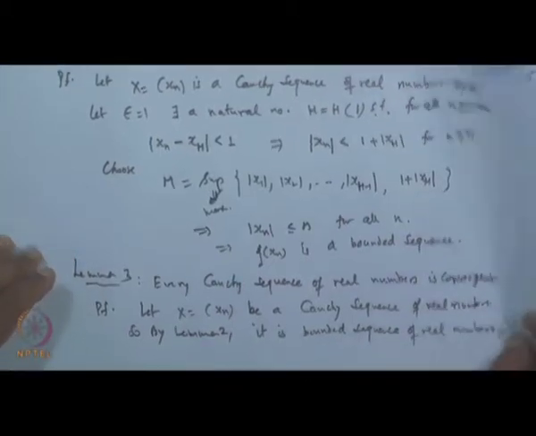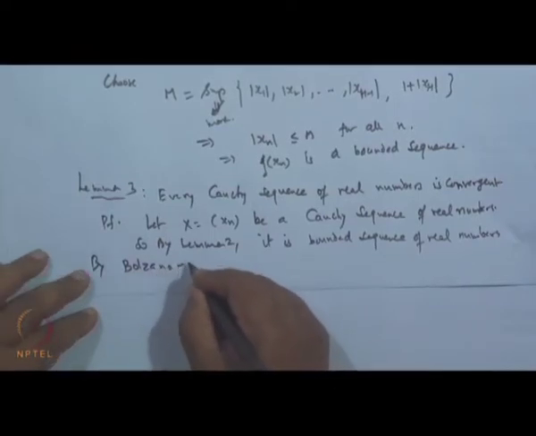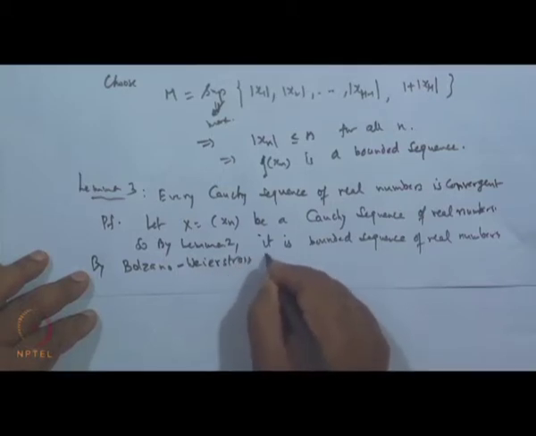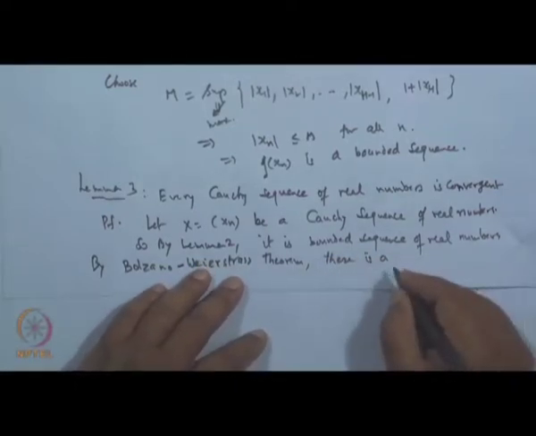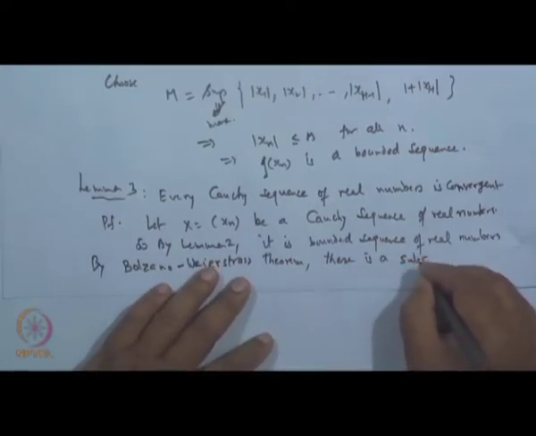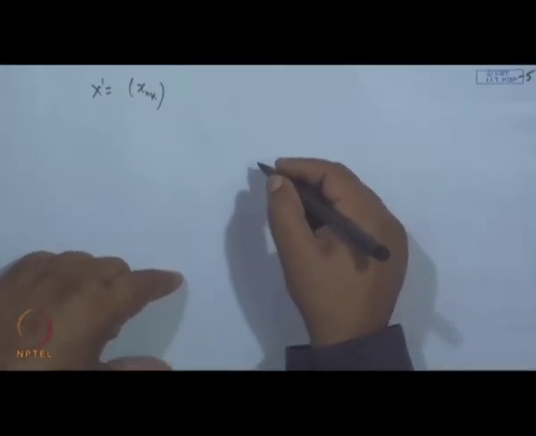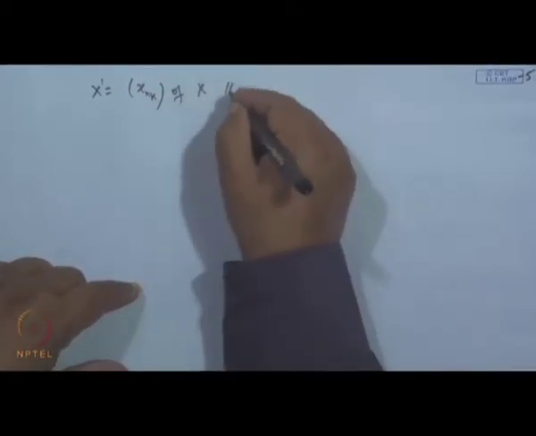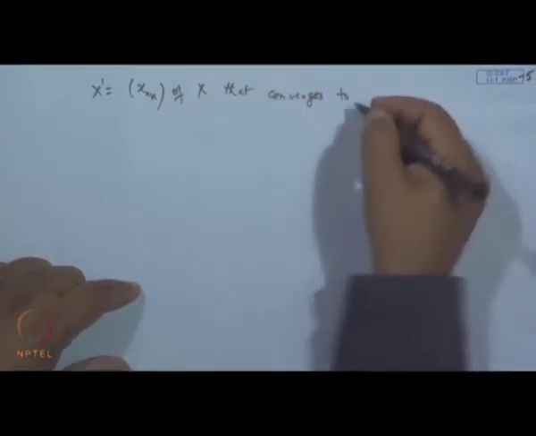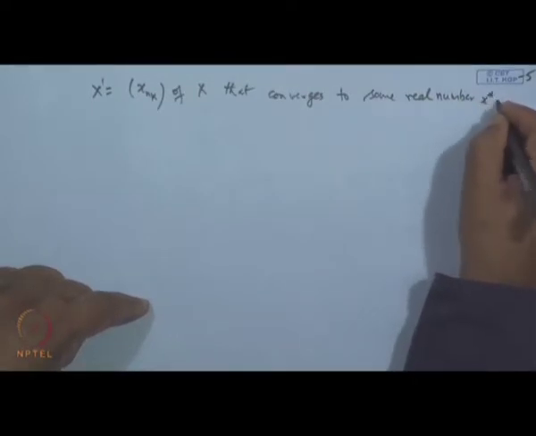So, by the Bolzano-Weierstrass theorem, there is a subsequence x', say equal to x_{n_k}, of x, that converges to some real number x star.